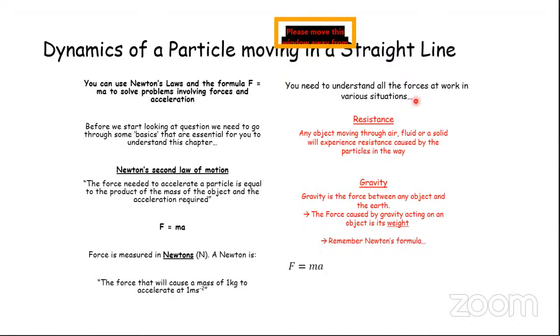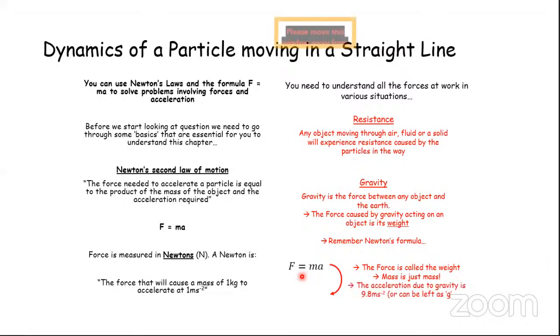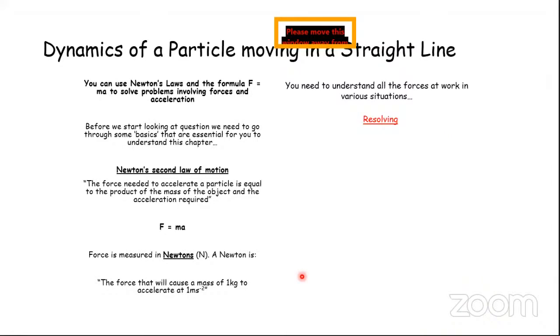We remember Newton's formula F equals ma because we are going to use it. So the force is called weight, m is the mass, and the acceleration due to gravity is 9.8, or we can take it just as g. So W is equal to mg.